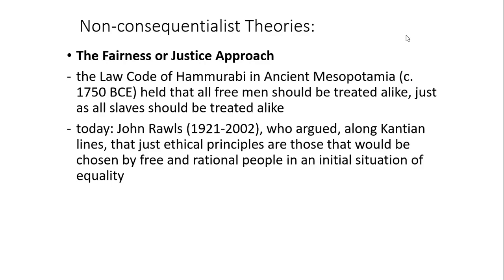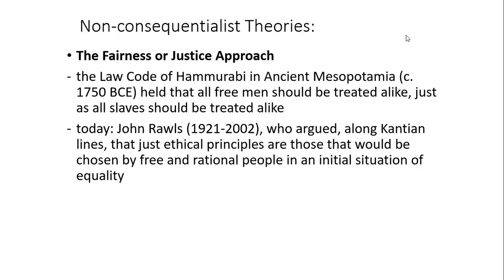So just like, let's say in Ghana, before we adopted our constitution, we try to assume that we don't know who will be the next president, who will be an MP, who will be a chief justice. So we want to work out the principles which should govern our society.